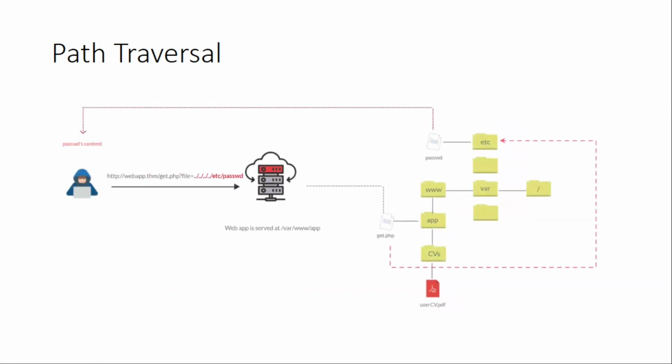So we can test the URL parameter by adding payloads and see how the web application behaves. Path traversal attacks, also known as dot-dot-slash attacks, take advantage of moving the directory one step up using the double dots here.